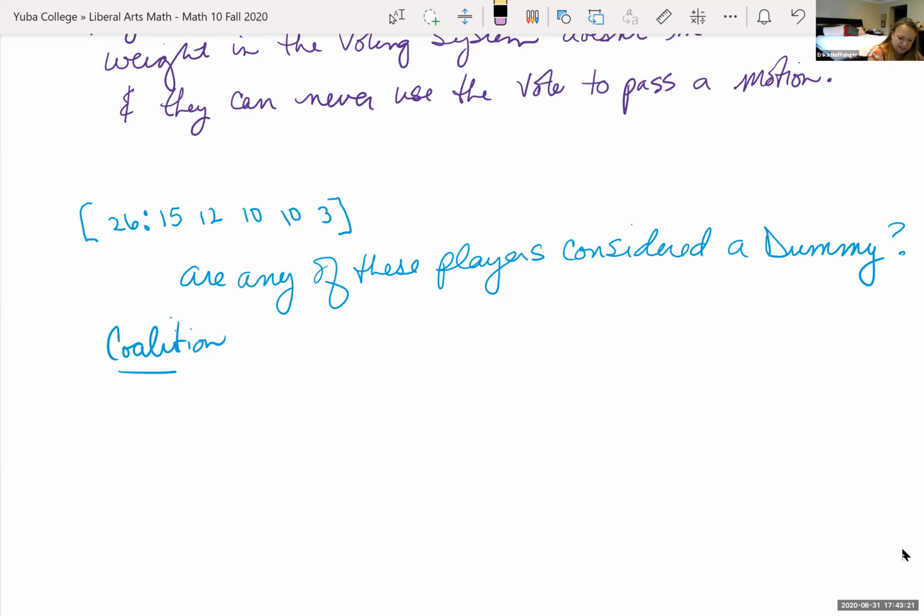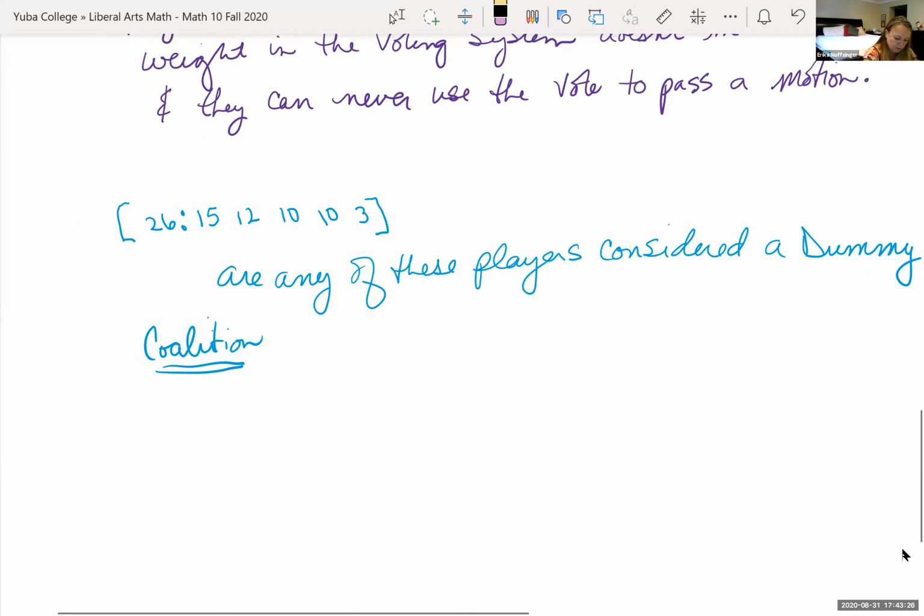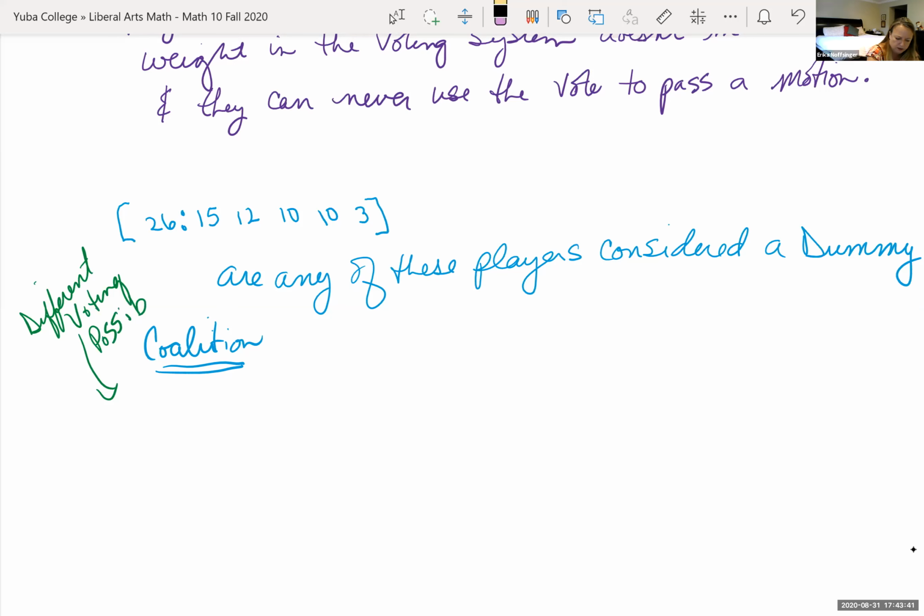Again, this is ways a voter can vote, or the different voting possibilities. Okay, so let's just say we have player 1. This could be a coalition. Usually you do this with set notation.